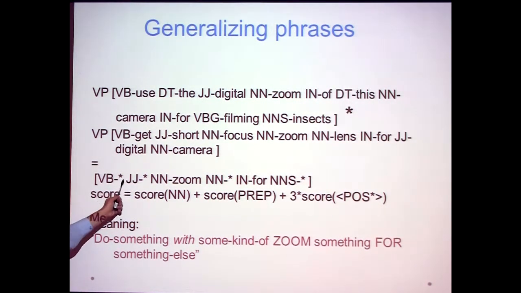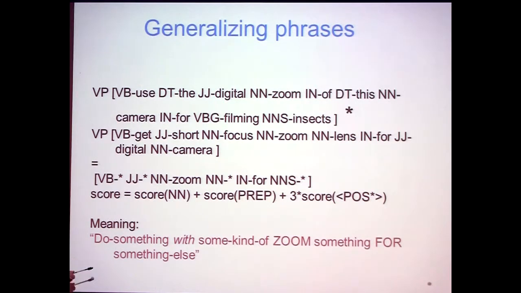Whatever matches, you have either part of speech or word. So for two verb phrases, use the digital camera zoom and get short focus, we find the maximal common subpath or subphrase. So this is the expression which works.